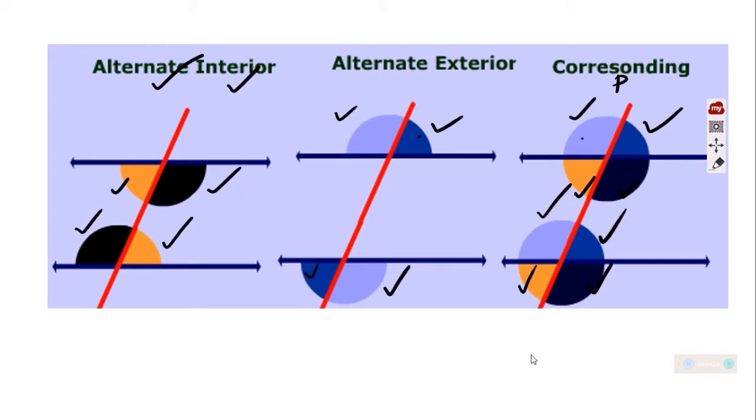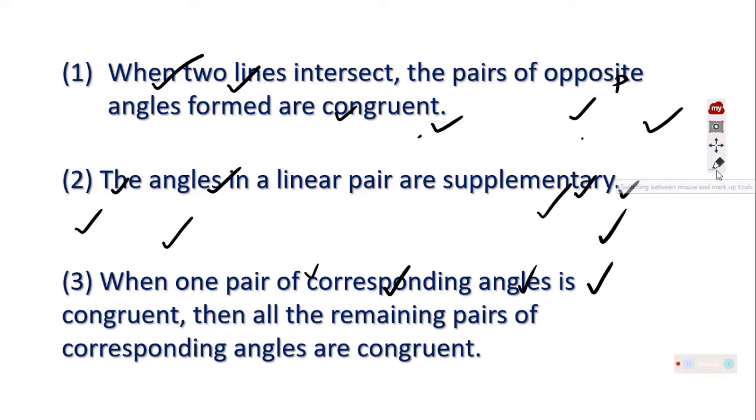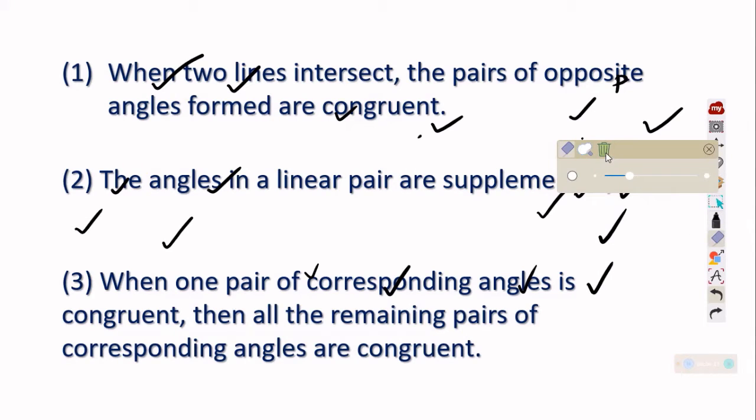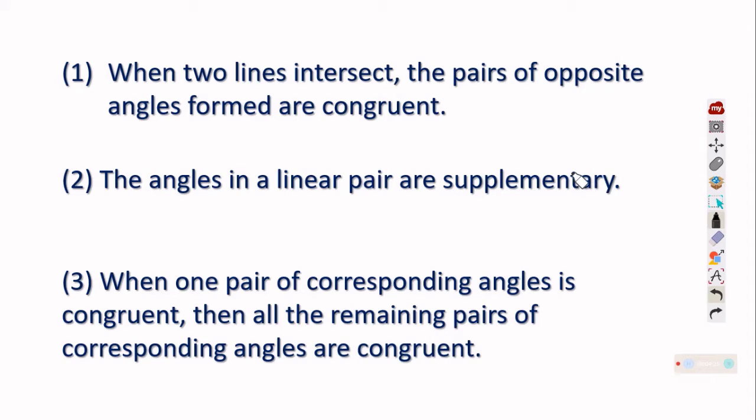Here also the words exterior and interior are used. Now, when two lines intersect, the pair of opposite angles formed are congruent.